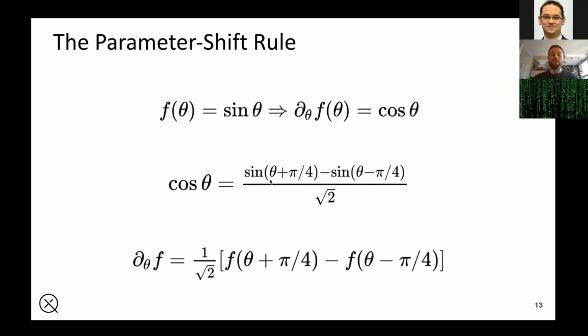We can express the cosine function by evaluating the sine function at two different positions. So if we evaluate the sine function at theta plus pi over 4, and we evaluate it at theta minus pi over 4 as well, we gather the results, do arithmetics, and multiply it by 1 over the square root of 2. What we then do is we effectively compute the gradient of the sine function by using the sine function itself.